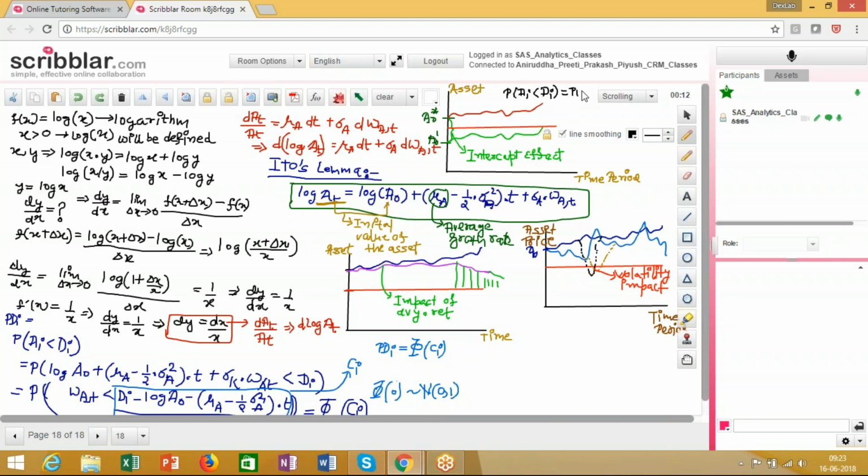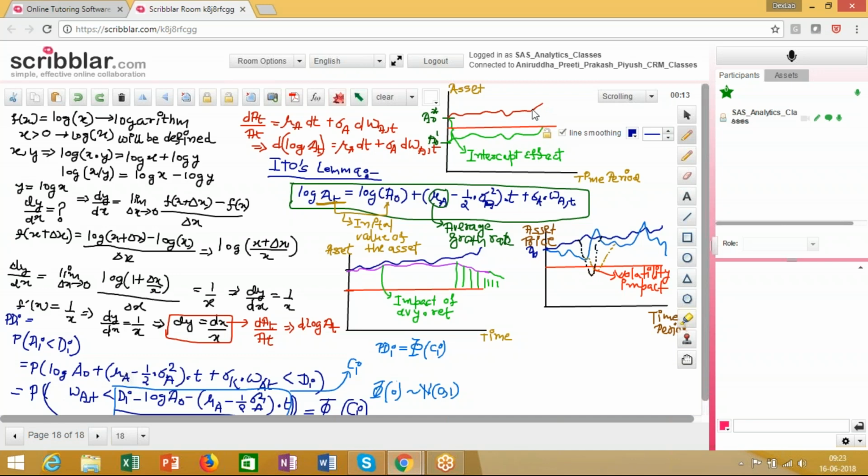Now, as we talk about the probability of default, what we are trying to do over here is find an expression. We are trying to find the factors which will help us assess the probability of default. The factors should tell us that so-and-so factors explain the probability of default positively, meaning they have a positive association with it, and so-and-so factors negatively impact it.